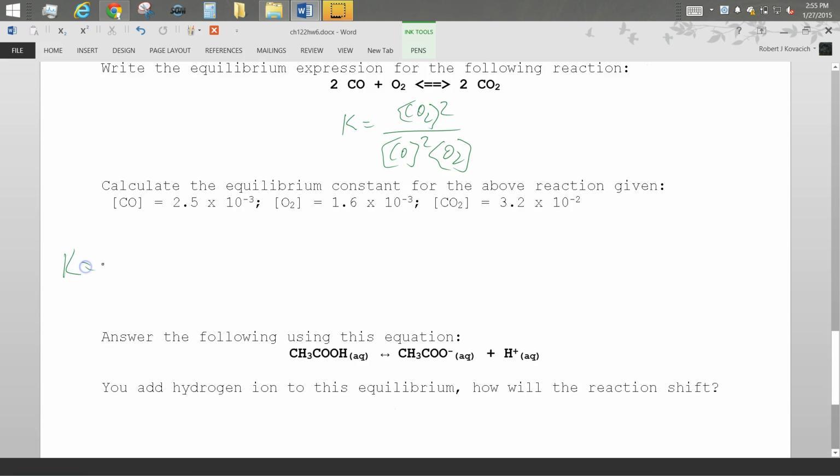So in this case, K is going to be equal to 0.032 squared divided by 0.0025 squared times 0.0016.